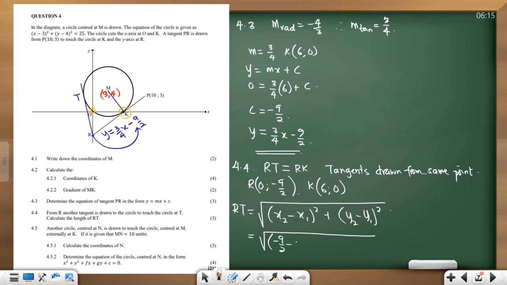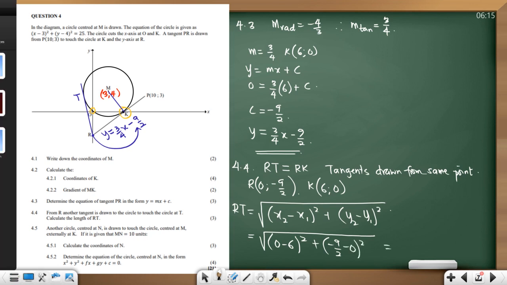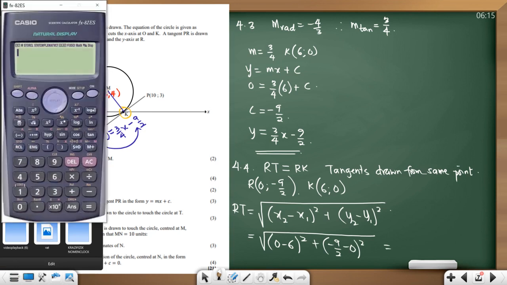Let's do x: 0 minus 6 squared, that will give us 36, and y: negative 9 over 2 minus 0 all squared. Just get a calculator quickly. You also confirm that will be the square root of 36, and 9 over 2 squared would be what? 81 over 4.